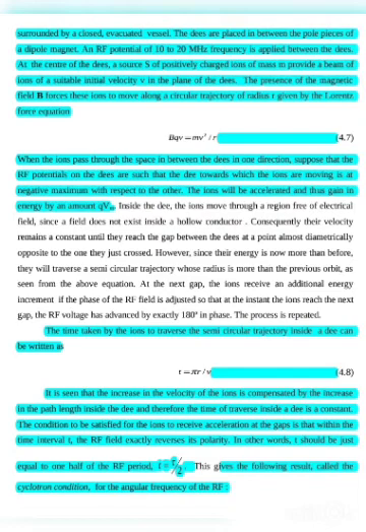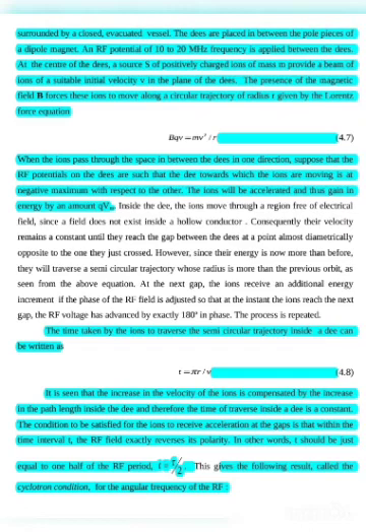The ions move through a region free of electric field since the field does not exist inside a hollow conductor. Consequently, their velocity remains constant until they reach the gap between the Ds at a point almost diametrically opposite to the one they just crossed.